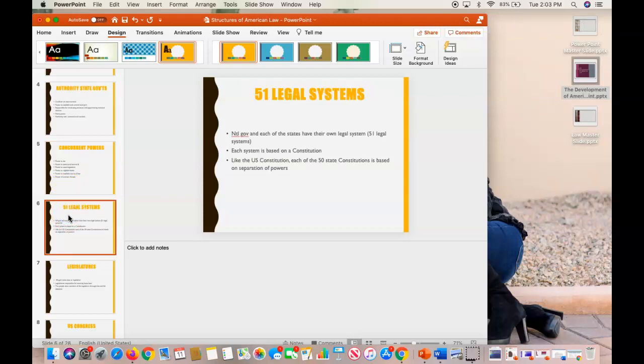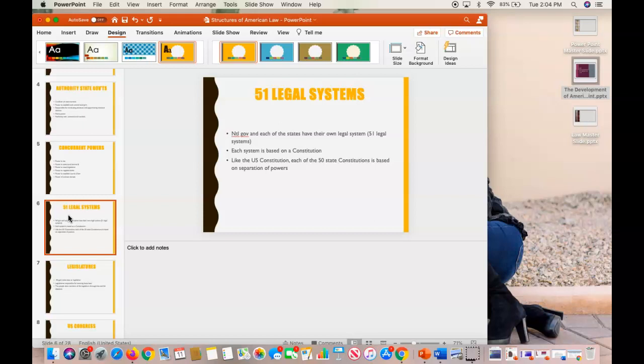The national government and each of the states have their own legal system. So in total, there are 51 legal systems. Each system is based on a constitution. There is the U.S. Constitution, and each state has its own constitution. Like the U.S. Constitution, each of the 50 state constitutions is based on the principle of separation of powers, where government power is distributed among the legislative, executive, and judicial branches.